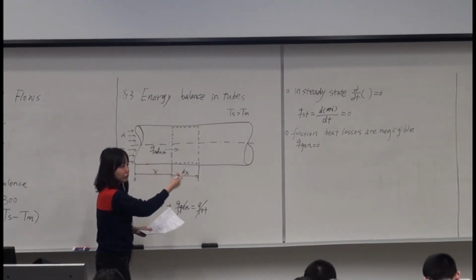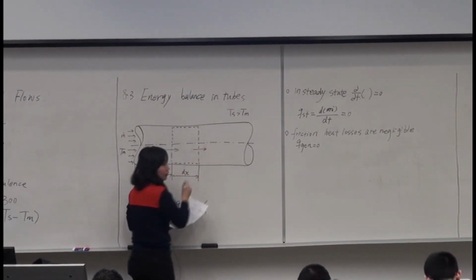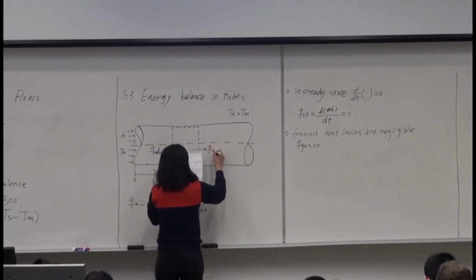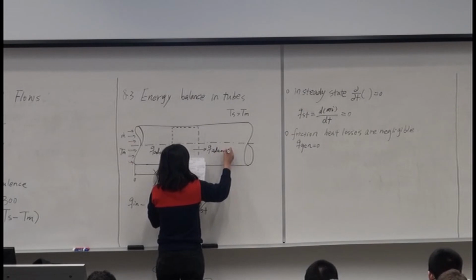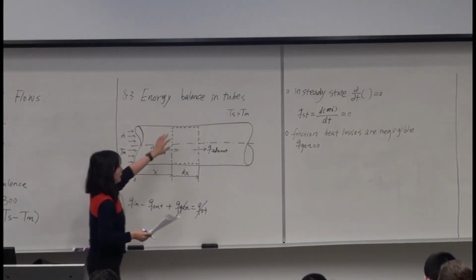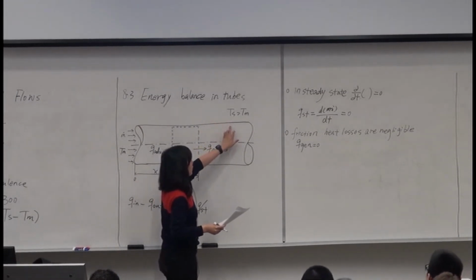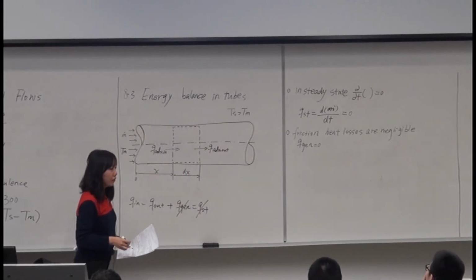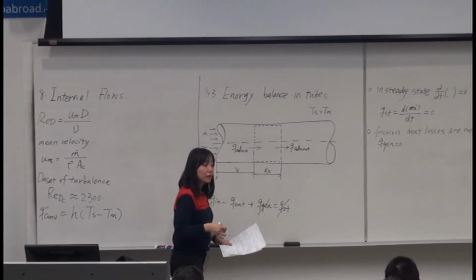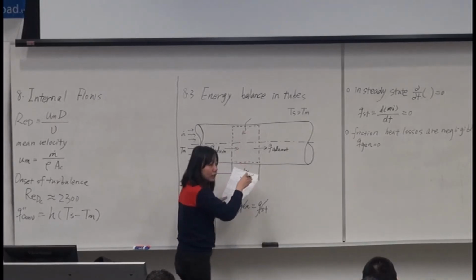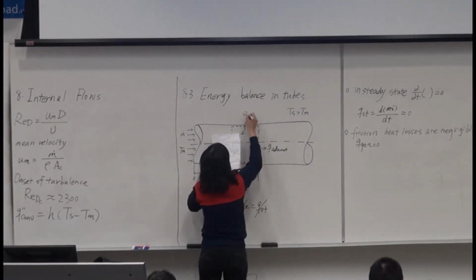And of course, fluid moves outside the control volume, so it takes heat out by advection. Heat out, anything else? I assume the temperature of the surface is higher than the fluid, so yes, it gains heat from the surface through convection.